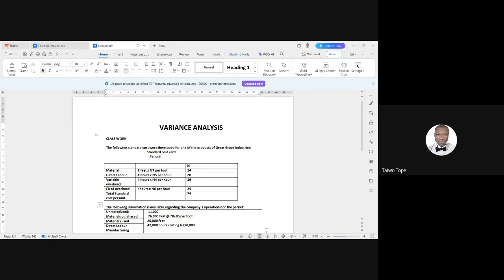In terms of labor, what do you think can be the causes of labor rate variance? Machine breakdown and idle time. Yes.